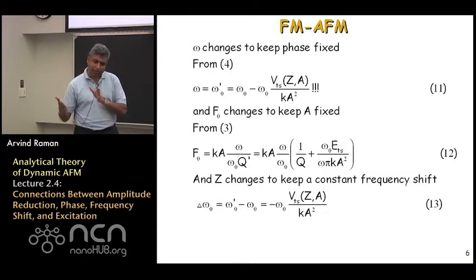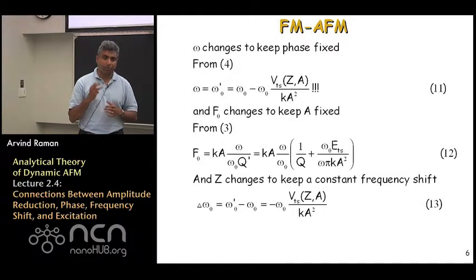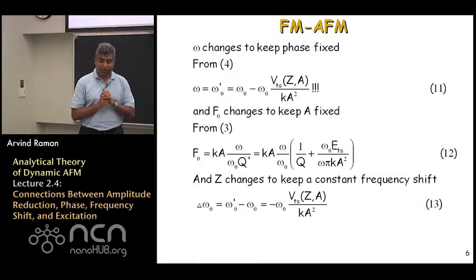Let's now specialize the equations derived at the start of this class towards frequency modulation. In frequency modulation, we do three things. We change the excitation frequency in order to keep the phase lag fixed at 90 degrees.